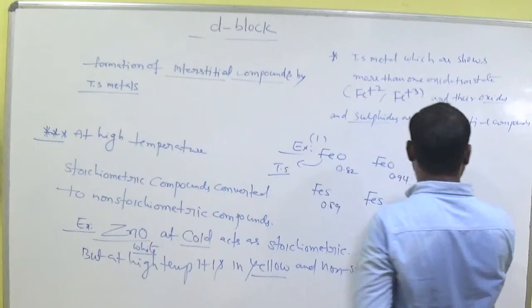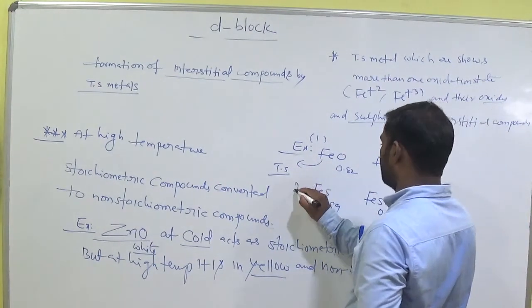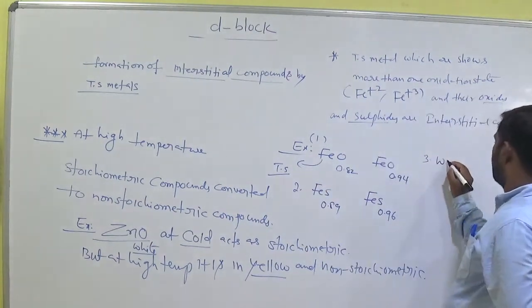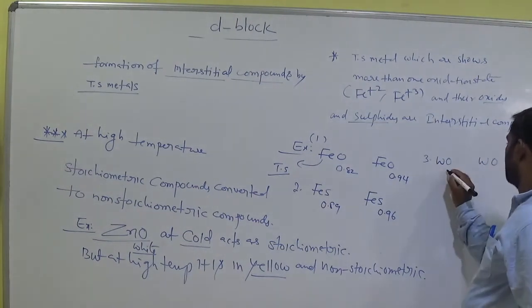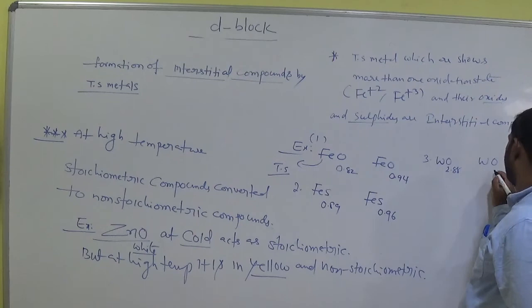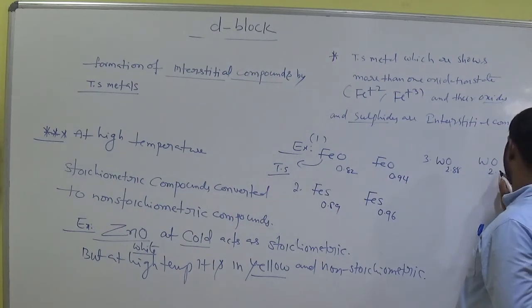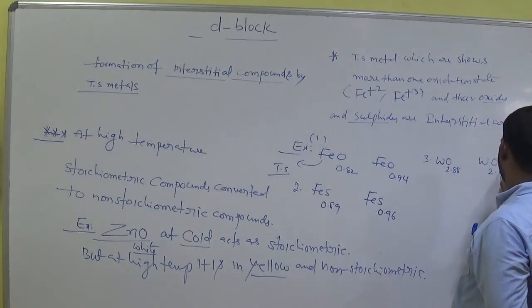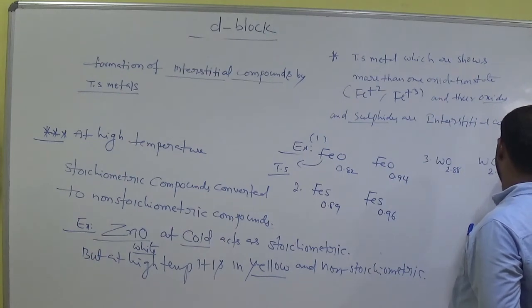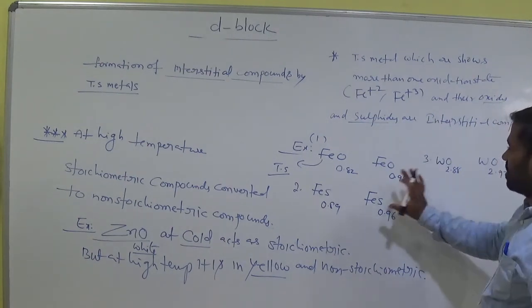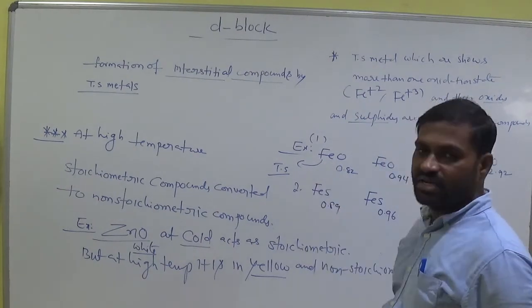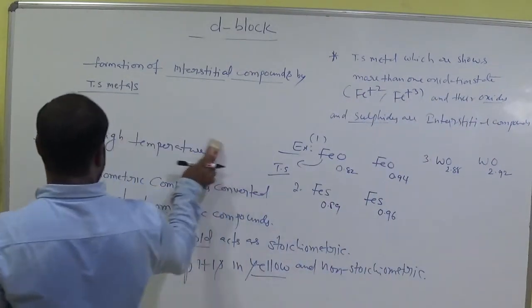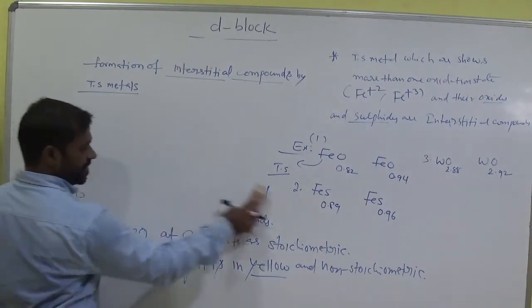And let's see one more example. This is example 2. Example 3, tungsten, W means wolfram, where oxygen 2.88, here 2.92 oxygen. These are all interstitial voids, where these are oxides and these are the sulfides, okay. Remember this.